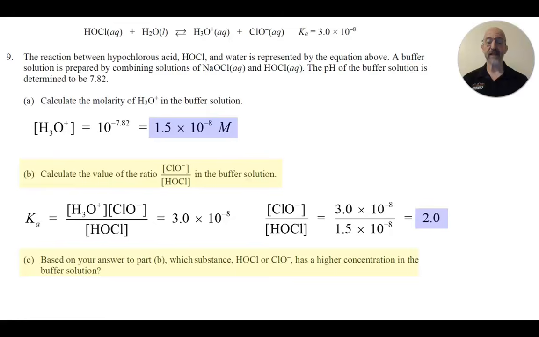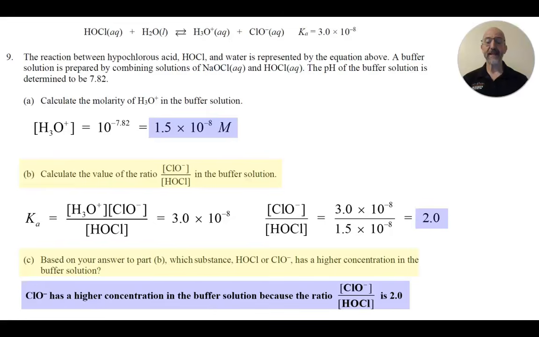So this is what I said for part C. The ClO- has a higher concentration in the buffer solution because the ratio, concentration of ClO- over concentration of HOCl, is a 2-to-1 ratio. So ClO- has the higher concentration. All right, well, there are the answers to all parts of question 9.